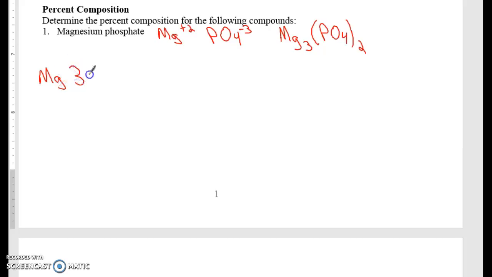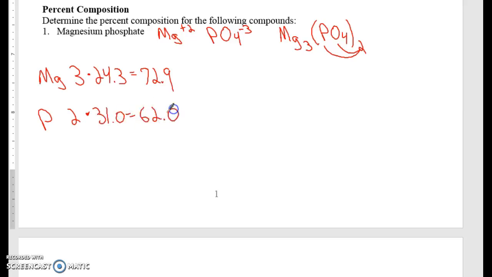The magnesium, there's 3 of them according to the formula. Its molar mass off the periodic table is 24.3. You multiply that out, you get 72.9. Phosphorus, there's 2 of them. Again, remember you have to distribute the 2 to both things inside the parentheses. So there's 2 phosphorus, which are 31.0 apiece.